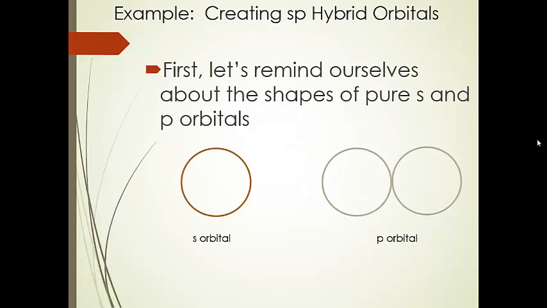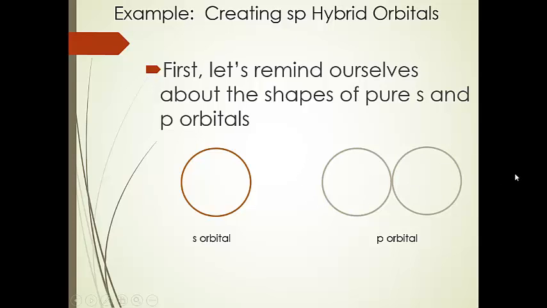remind ourselves about the shapes of pure s and pure p orbitals. Okay, so here's an s orbital. Remember, they're spherical in 3D. And our pure p orbitals are somewhat dumbbell shaped. Sometimes you'll see these kind of long, elongated, and that's okay too. That's customary.